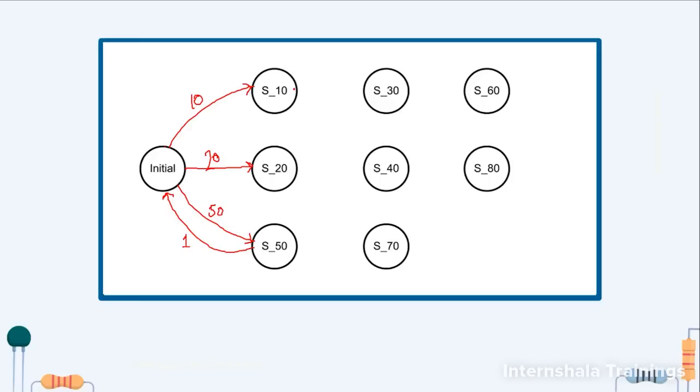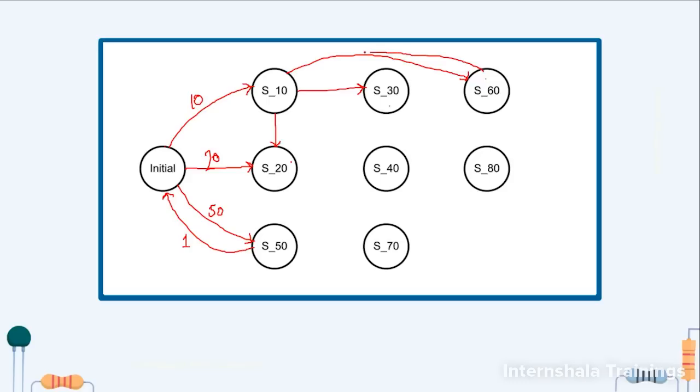Now from 10, if we enter 10 more, we will go to 20. If we enter 20 more, we can go to 30, and from 10, if we enter 50, then we can go to 60. Now at 20 and 30, we are not getting the product, but at 60, we are getting the product.